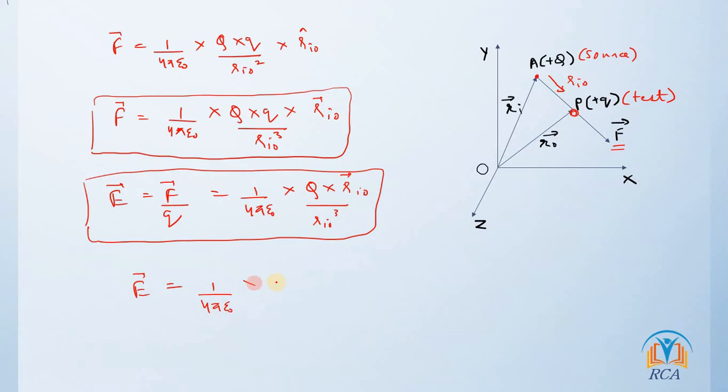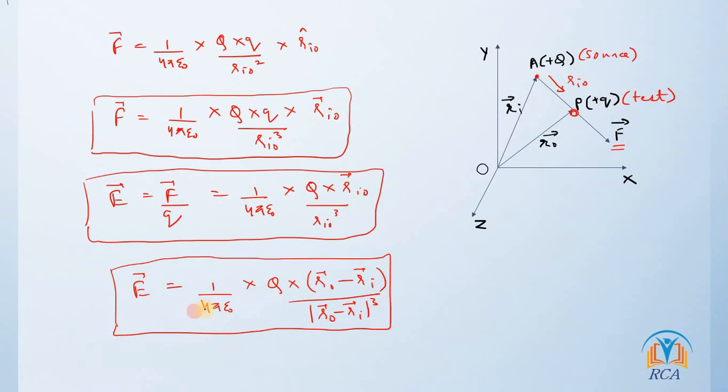Now how can we write Ri0? Ri0 is going to be R0 minus Ri, which is always final minus initial. So R0 vector minus Ri vector divided by the magnitude of R0 vector minus Ri vector cubed, and that will give you the electric field intensity at point P in a Cartesian plane, due to a point charge.